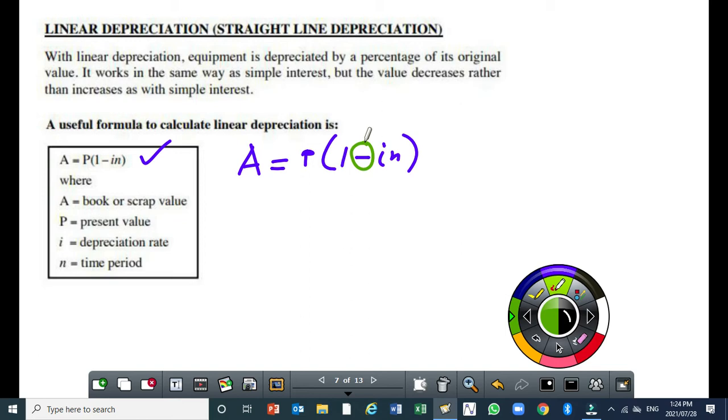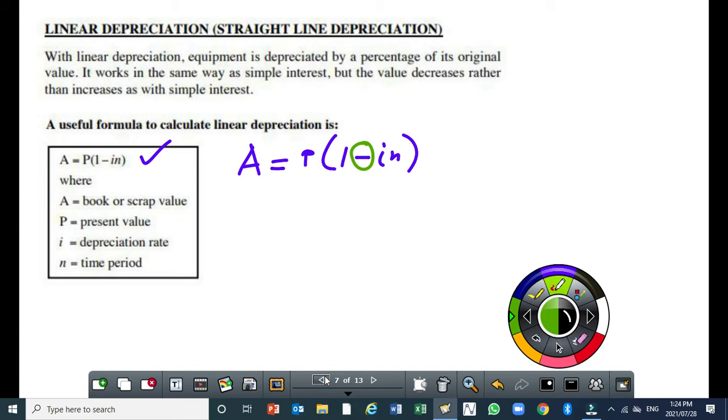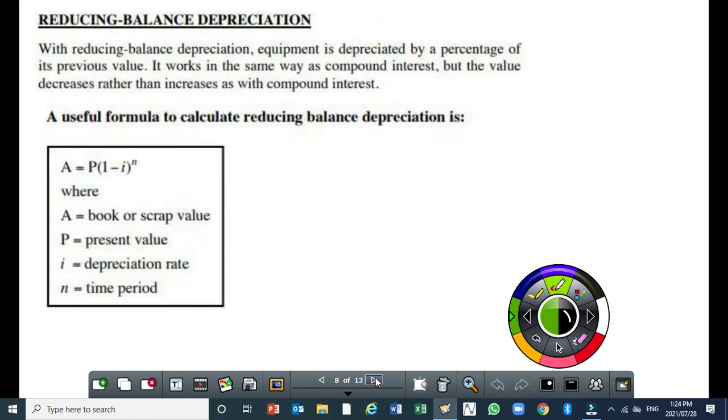So be very careful. Whenever you see a question, don't rush to use the formula with the plus if it involves some depreciation. And you need to know whether it is linear or the reducing balance formula. The reducing balance formula is related to the compound interest formula.